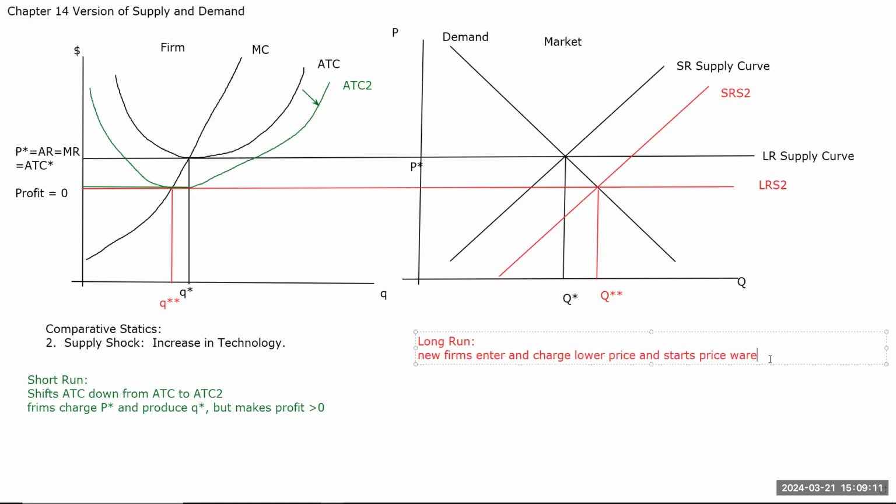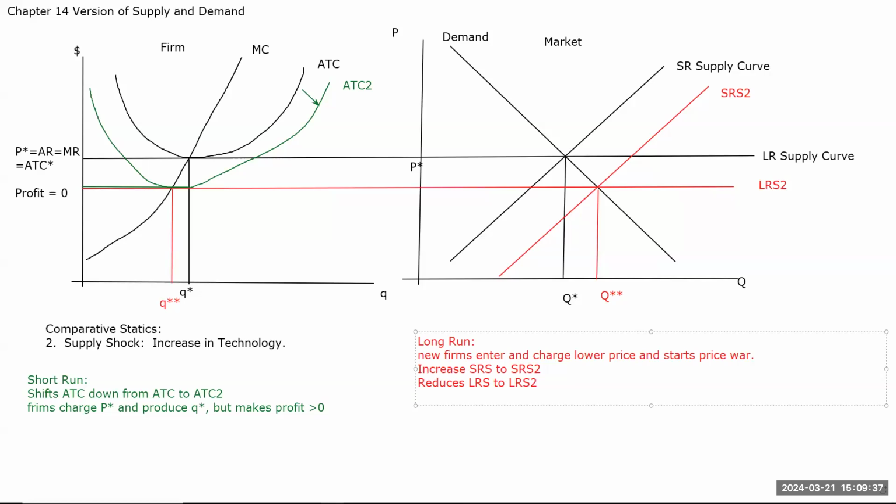This shifts, or increases, short run supply to short run supply 2. What it also does is reduce long run supply to long run supply 2.